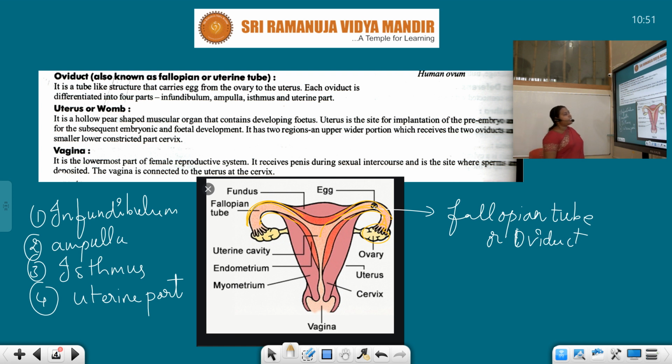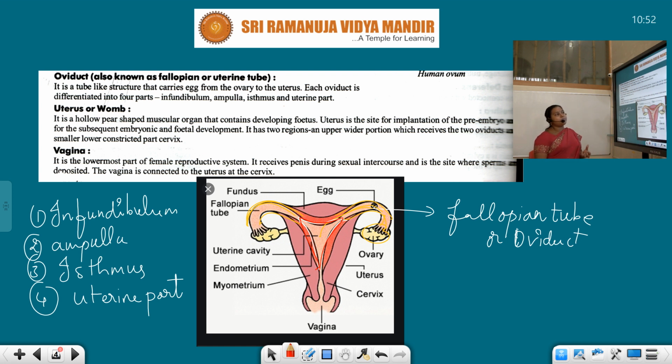Next, uterus. It is also known as womb. See, the central part is, students, uterus. It is a hollow pear-shaped muscular organ and contains the developing fetus. The fetus will be present in the uterus.